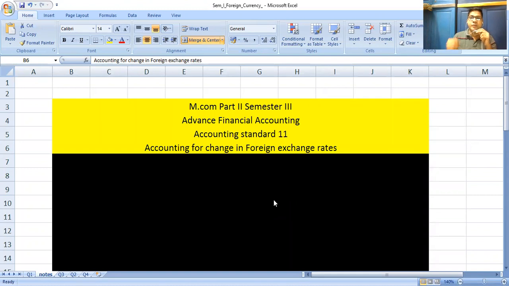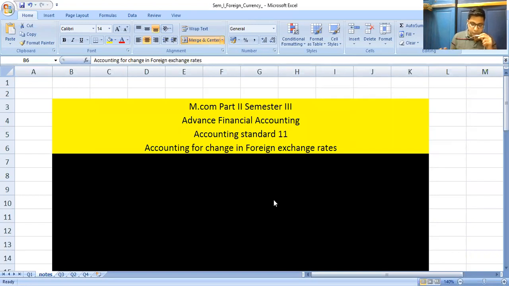What kinds of impact there are on our financial statements, we are going to learn under this particular chapter. We will study foreign currency conversion, and under this conversion, what kinds of effects there are because the foreign exchange rates are different.